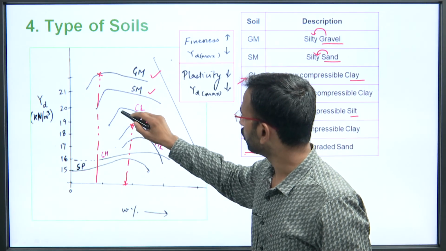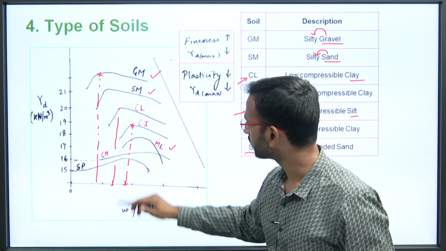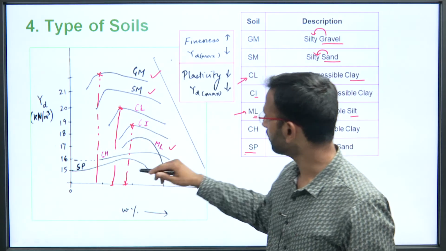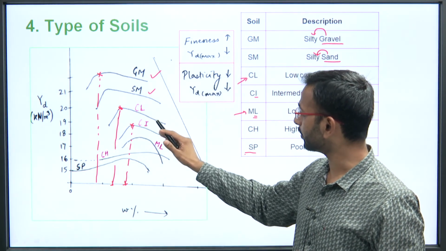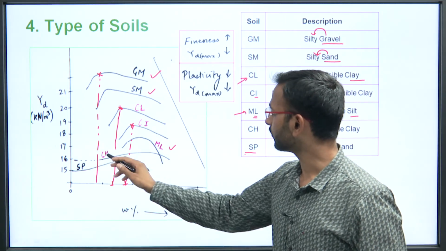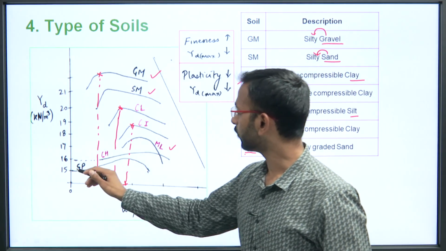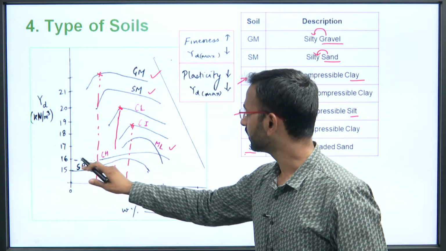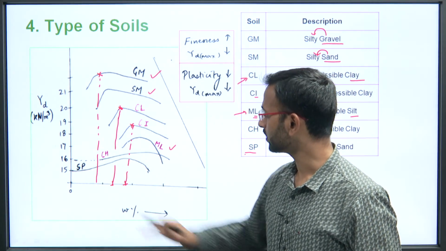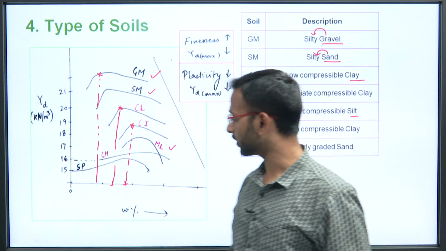For the low compressible, the OMC is much lesser, but for the intermediate compressible it is slightly more, and for CH it is not very clearly defined, as you can see in the figure. For SP, a poorly graded sand, it is somewhat toward the lower side. So, these are the different values, different graphs that we have plotted here.